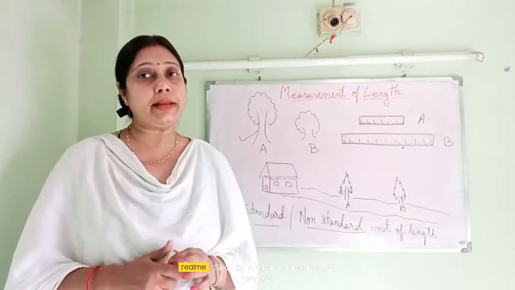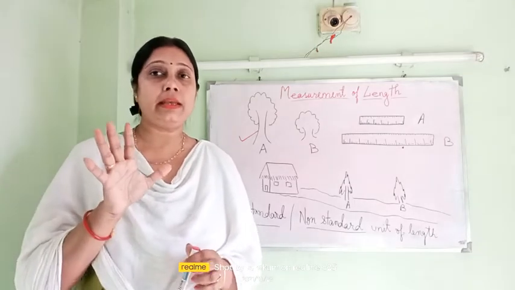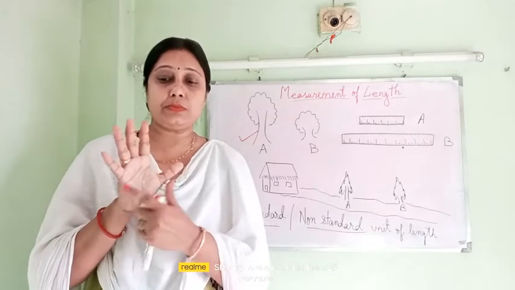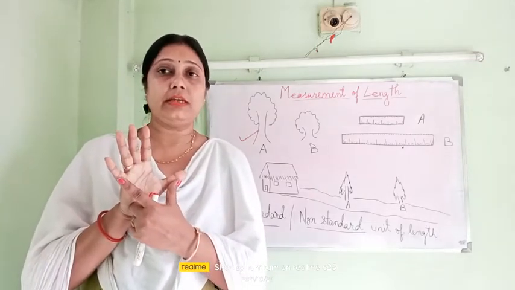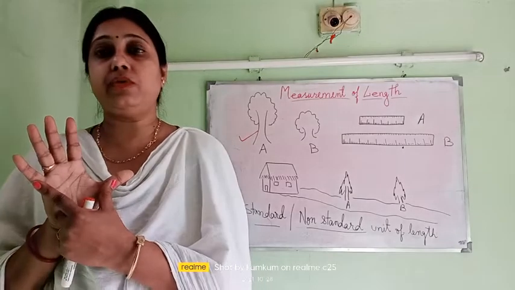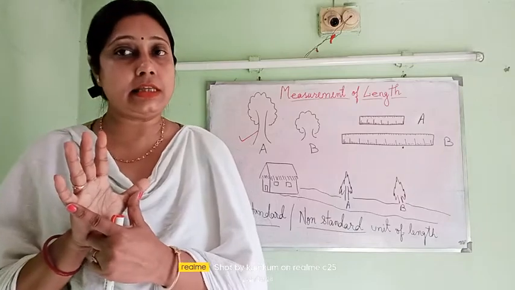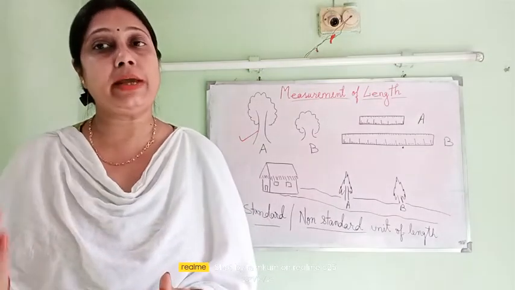But a problem arises. How? Suppose my hand span and your hand span are not the same. The distance between my fingers and the distance between your fingers are not the same. So whenever we purchase anything by the measure of our hand span, it will differ from man to man.